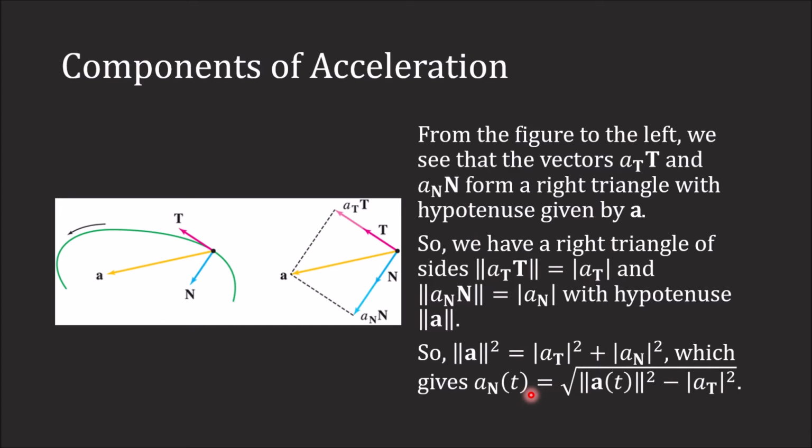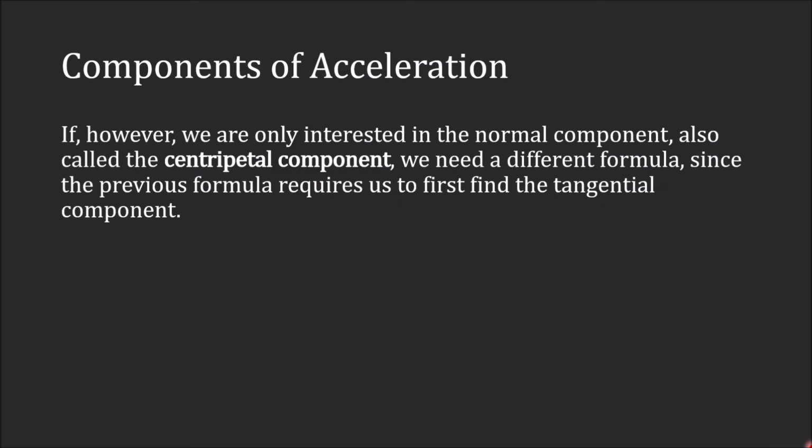Now, while this formula is certainly better, it still has one major drawback. It relies on the tangential component. What if we're only interested in the normal component? The normal component is also sometimes referred to as the centripetal component. So we would need a different formula.